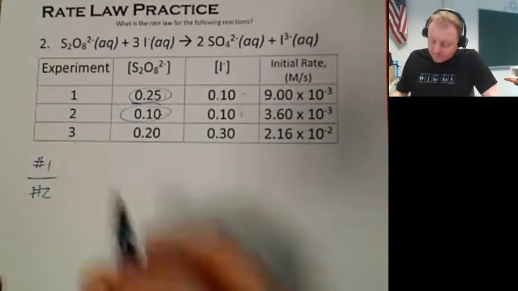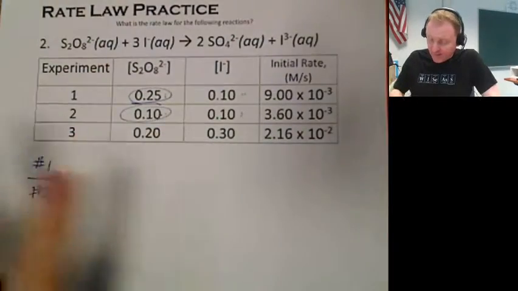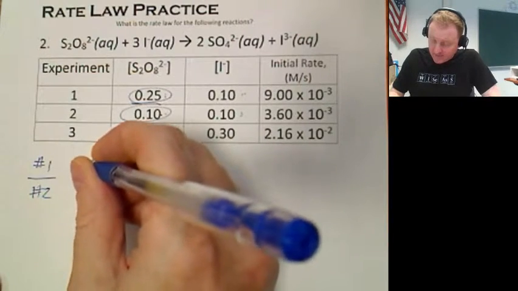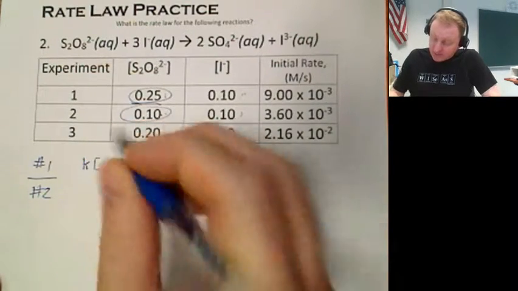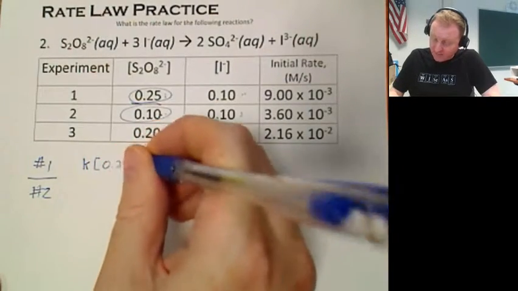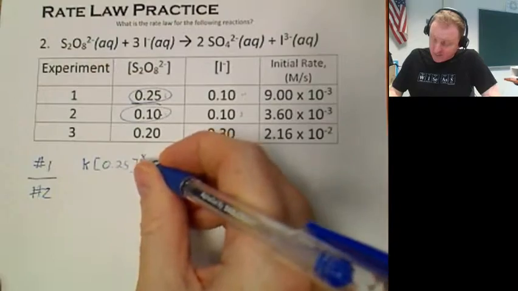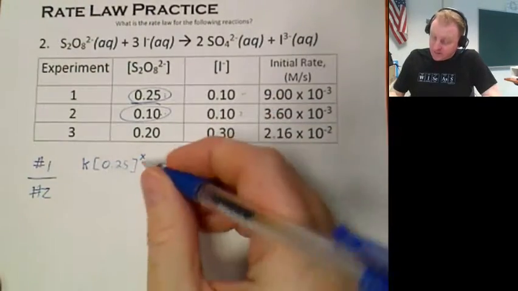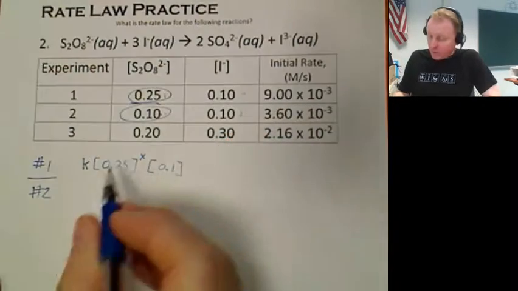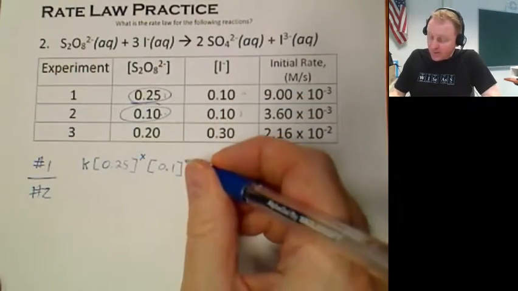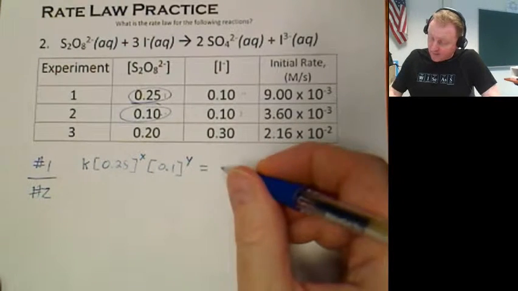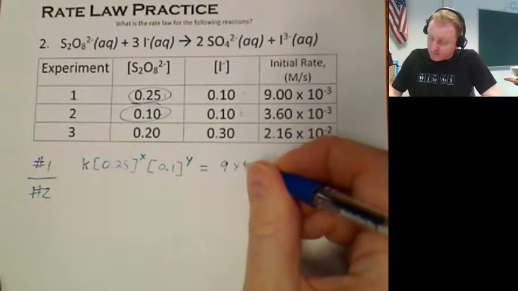And when I write out the rate law for it, the rate equals k times the concentration of the first reactant, 0.25 to some power, I'm going to say x, times the second reagent, 0.1, but I don't know what order that is either, so I'm just going to put y, and that equals the rate, which in this situation is 9 times 10 to the negative 3.